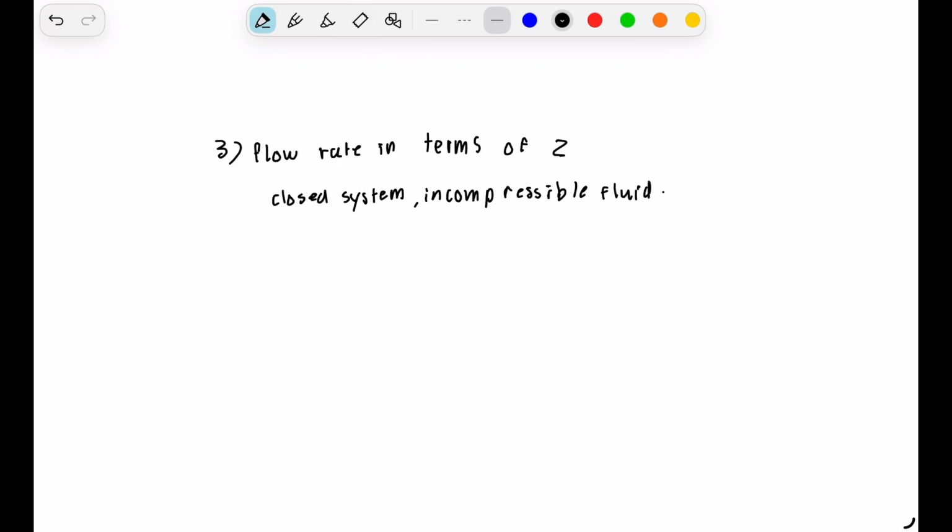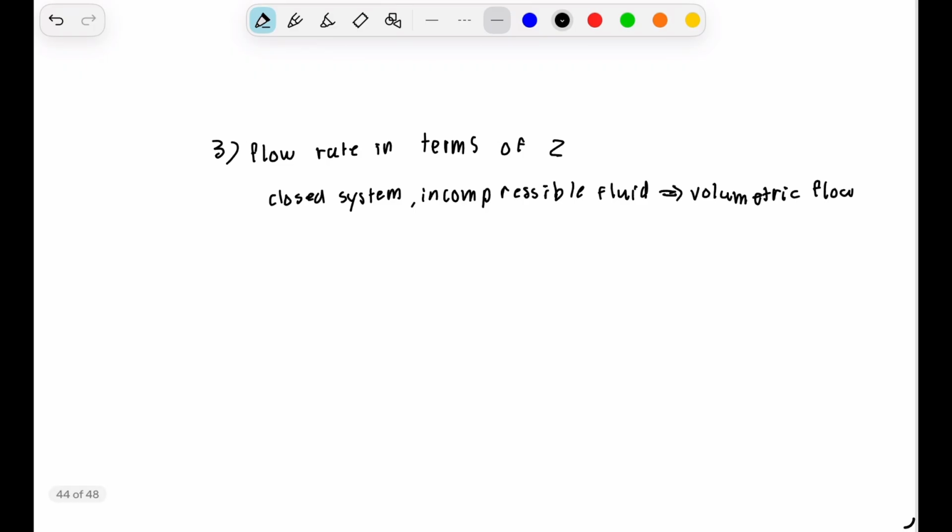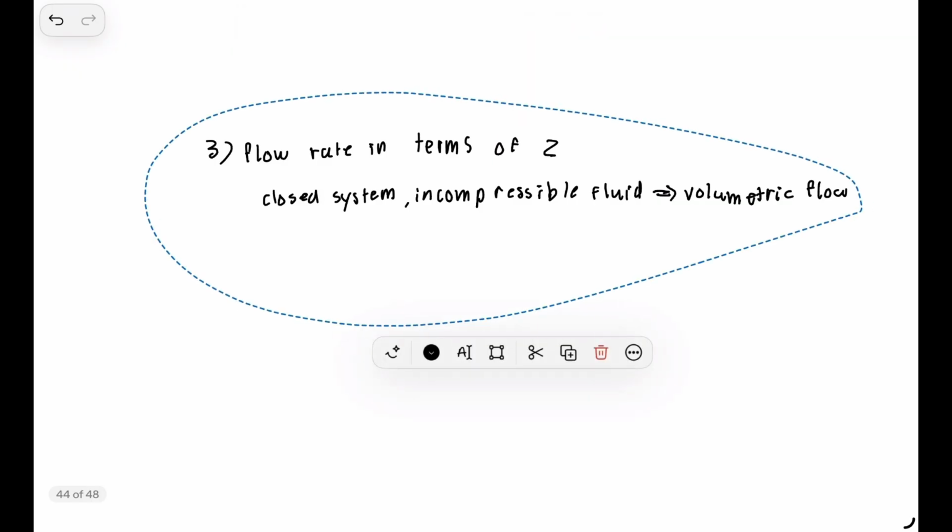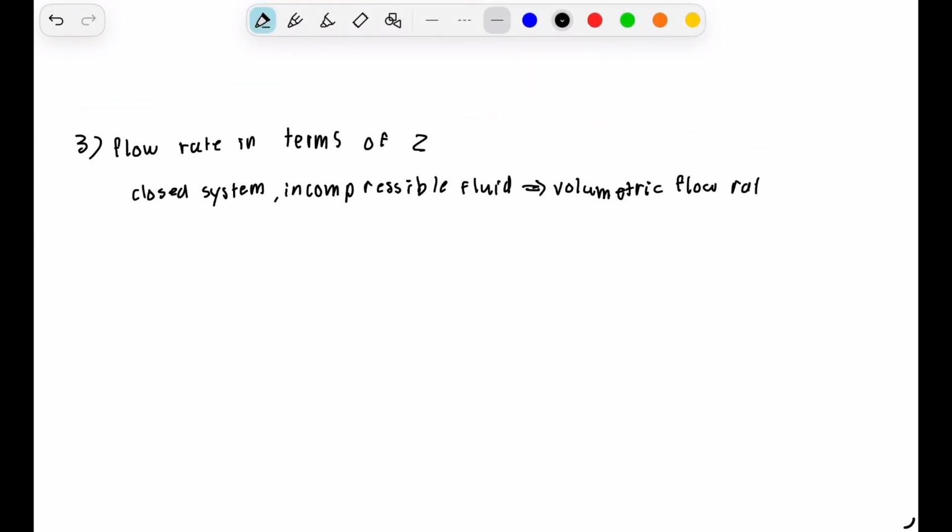When we have these conditions, that means that your volumetric flow rate will be constant.